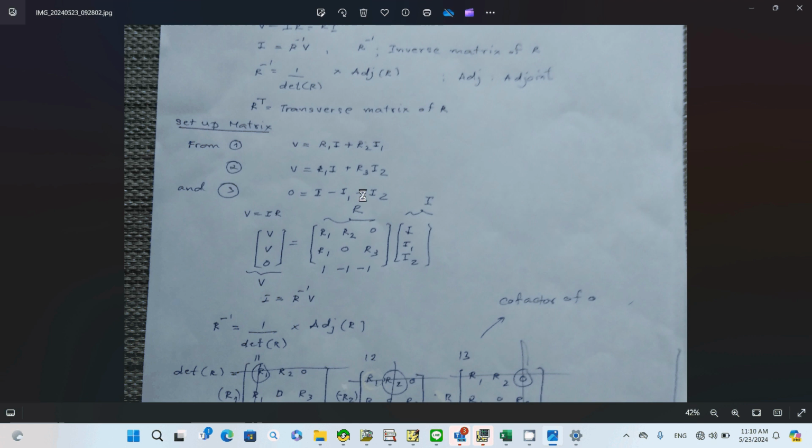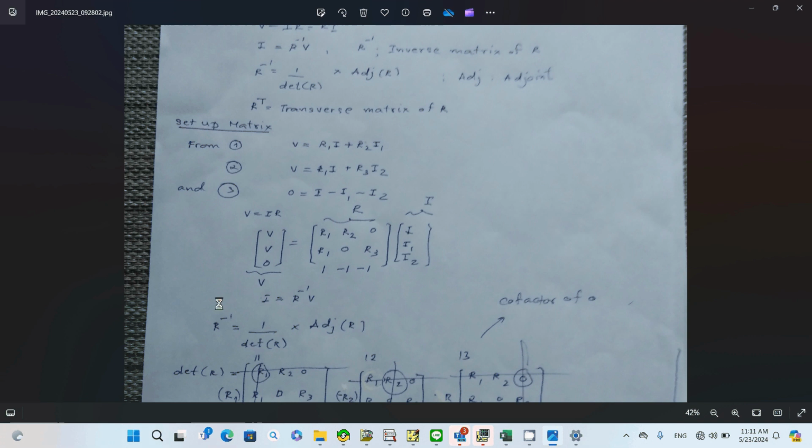And for the last equation, you have I1 multiplied by negative 1, so you have negative I1, and I2 multiplied by negative 1, that gives you negative I2. And then you can solve for I equal to R inverse multiplied by V.